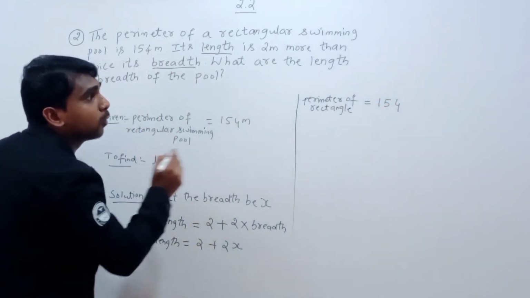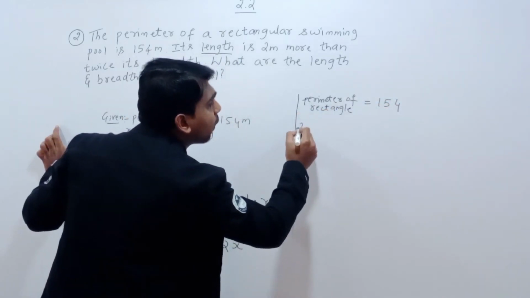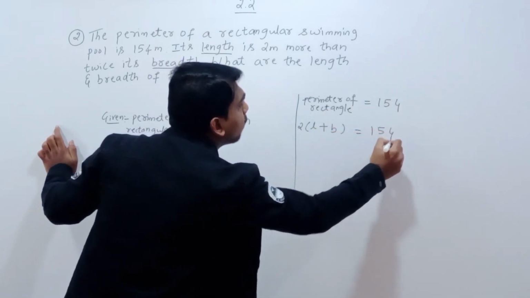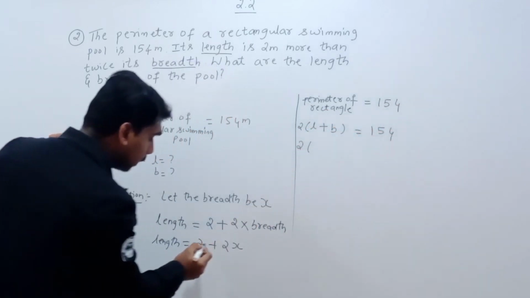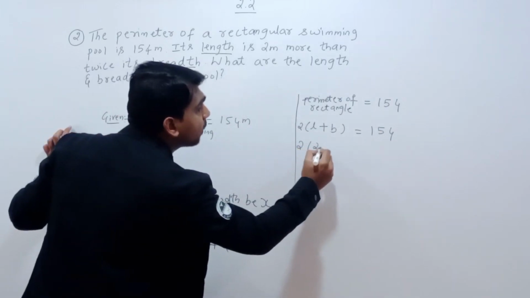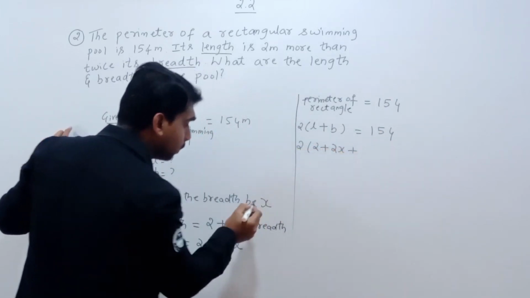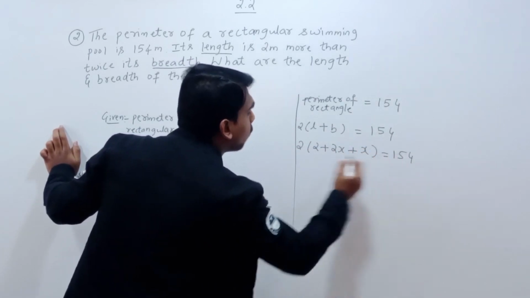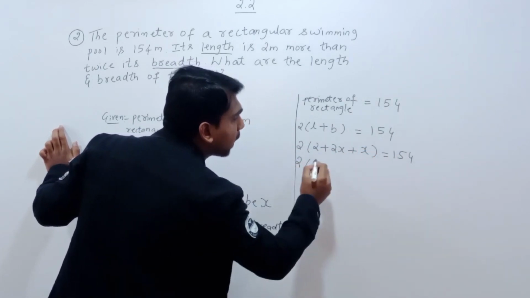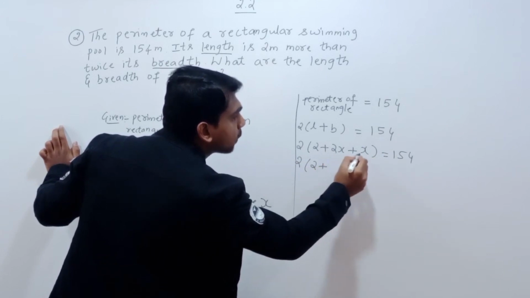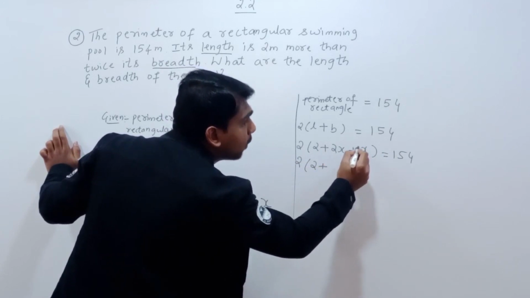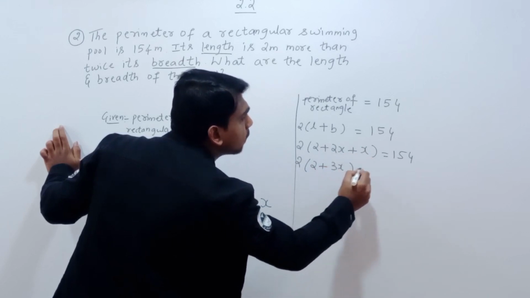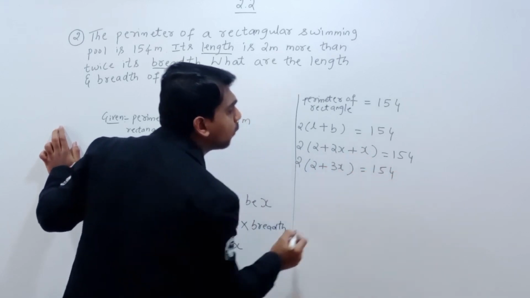We know the perimeter of rectangle formula is 2 into (L plus B) is equal to 154. 2 into (L value is 2 plus 2x, plus breadth value is x) is equal to 154. Now we'll solve the bracket first. 2 plus 2x plus, here there is no number, so it is 1, 2x plus 1x will be 3x. This is equal to 154.